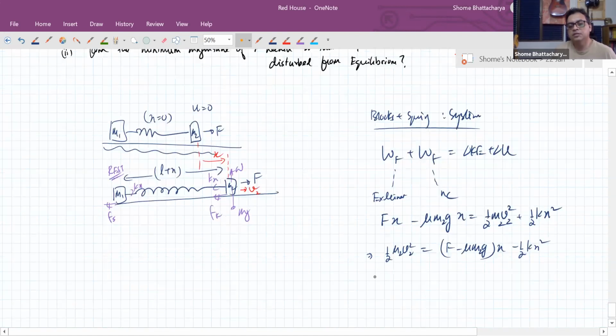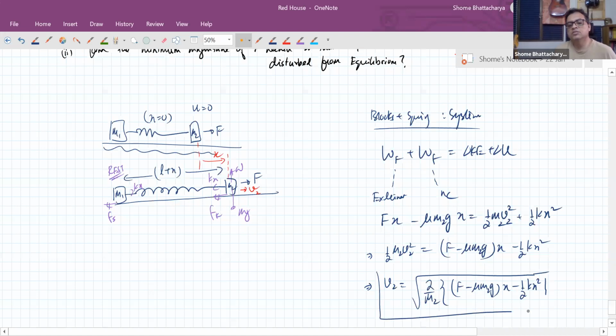So its speed is like this, the square root of 2 by m2 times this kind of expression. This is v as a function of x. Everything inside the square root other than x is a known constant, m1, m2, mu, g, all this, whereas x is the variable. So you got this v2 as a function of x. That was the first part.